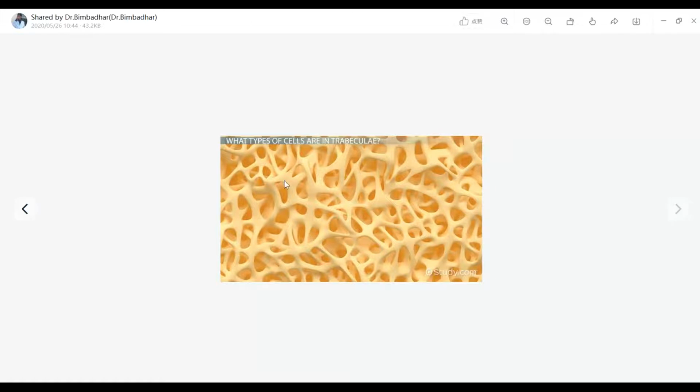So this is the trabeculae and this is the Haversian canal. From these canals you will have the medullary cavity going on. This is a very simple basic organization of the bone structure, right?